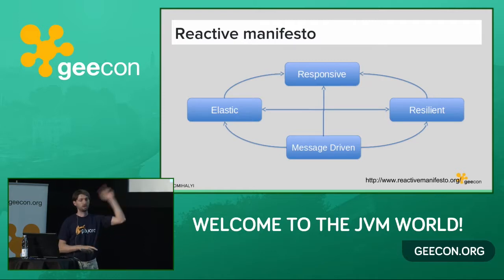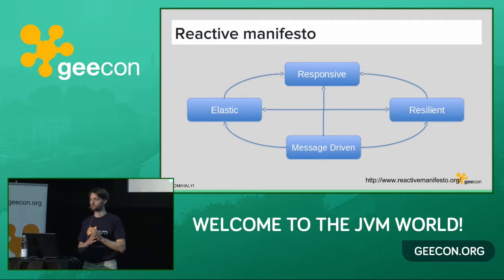So at the top, you see there's responsive. That's the key word. It's important, as I said, to inform what's going on, to react to failures, to problems, and also to lengthy operations, and send information to the user immediately.